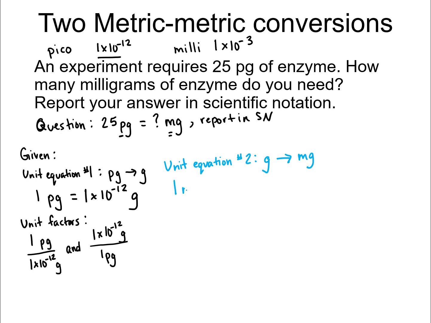If I have 1 milligram, that's the same thing as saying 1 times 10 to the minus 3rd grams. These are my unit factors.